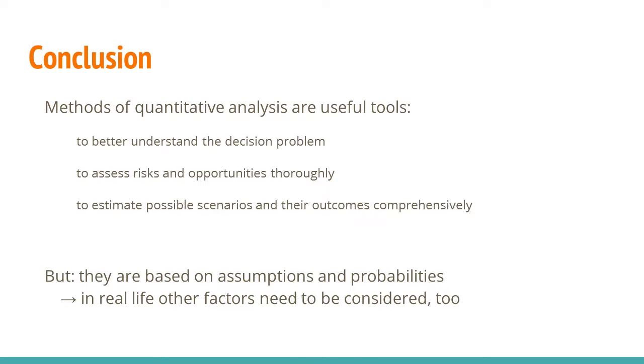However, we should always keep in mind that in making real-life decisions, assumptions on probabilities have to be made, and there are more aspects that need to be considered, and decisions are seldom based on quantitative analysis only. Every decision represents a choice between different levels of risks. Having transparency about those risks allows more conscious decisions and potentially mitigates parts of the risk. Ultimately, the decision itself depends on the risk appetite of the decider.